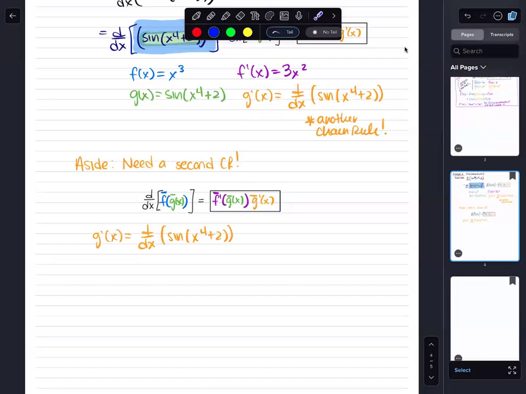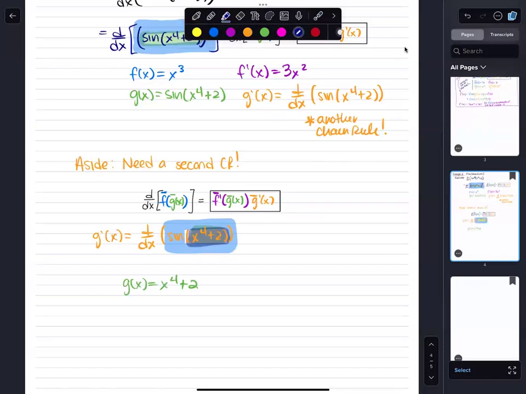And then again, we've got that same kind of problem. We have an inner function, x to the 4th plus 2, being operated on by a sine. And I encourage you also to, again, mark out that expression, put an x in the place of what you chose g to be.